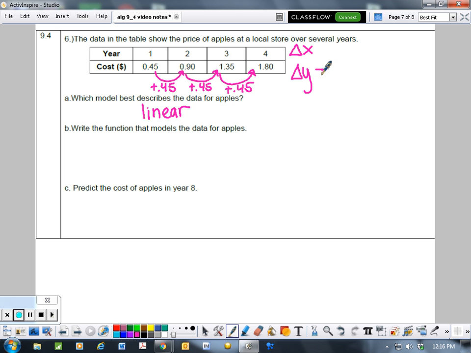How is our y changing? Our y is changing by adding 0.45. How is our x changing? Each time we add 1. So for my slope, it's going to be my change in y over my change in x.